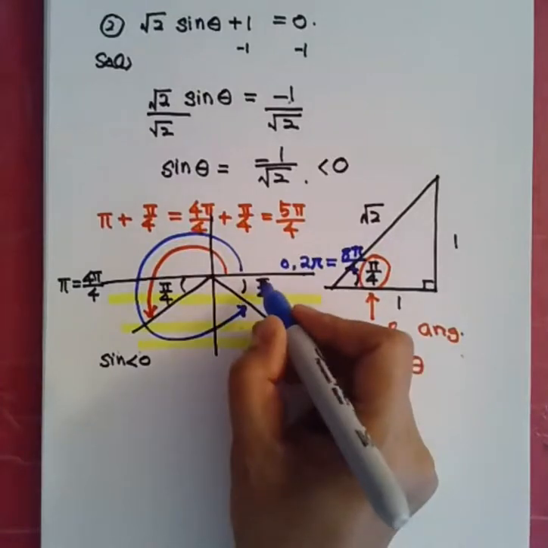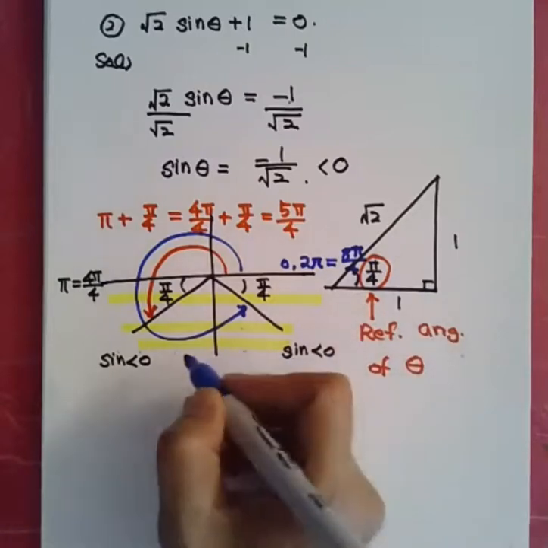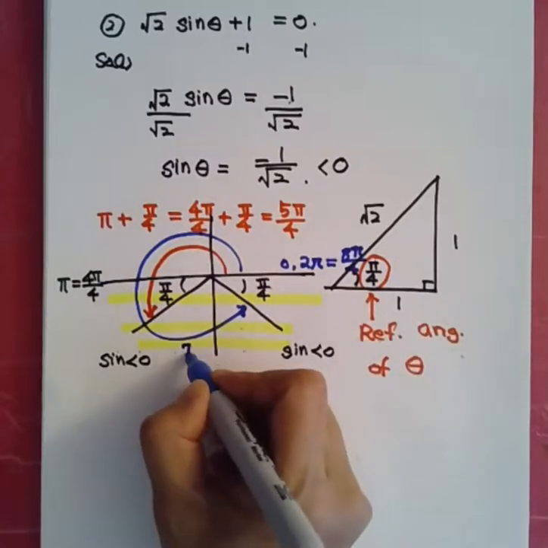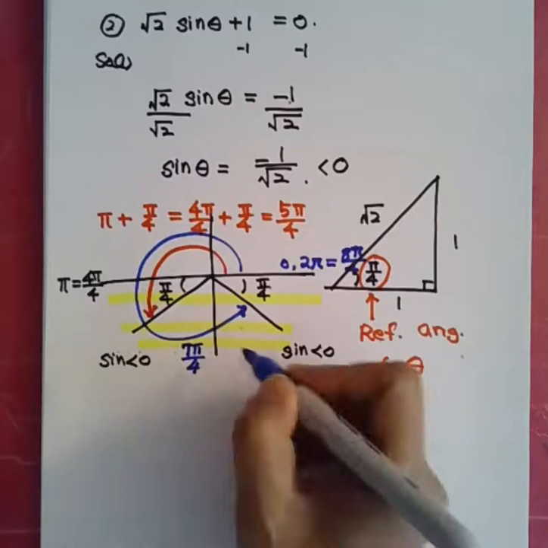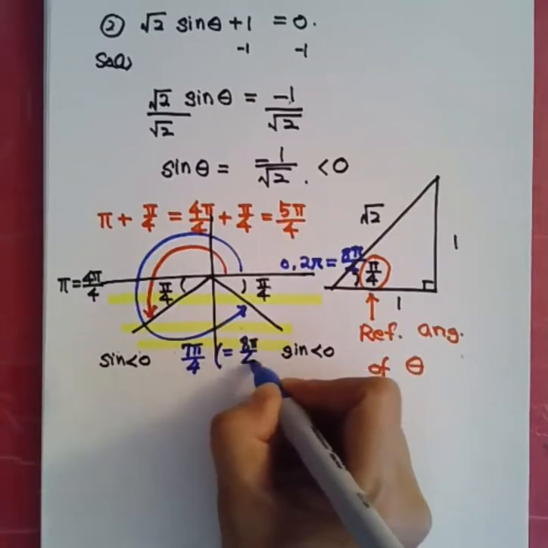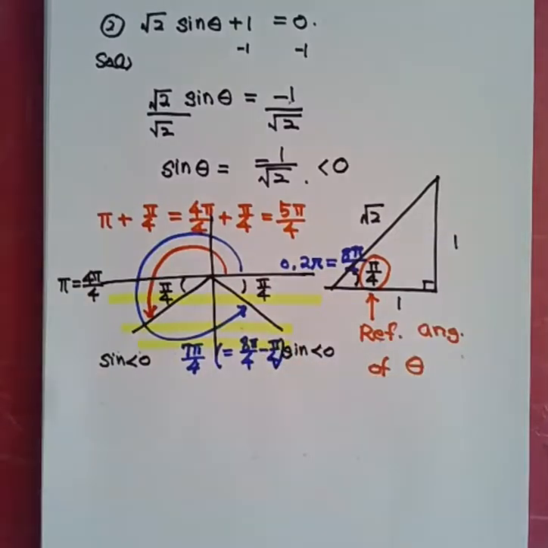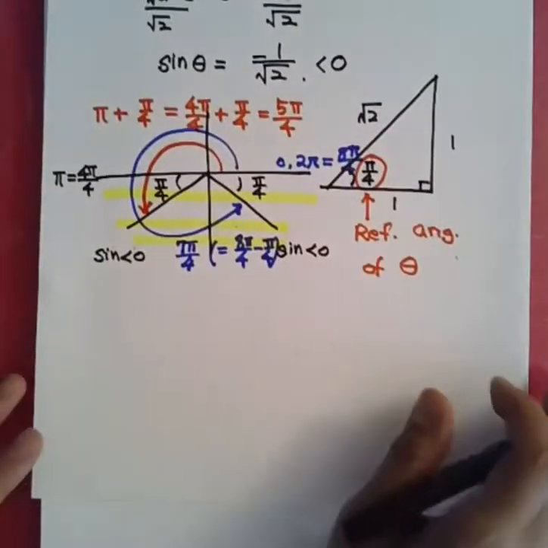That is pi over 4 less than 8 pi over 4. So this one will be 7 pi over 4, coming from 8 pi over 4 minus pi over 4. Now we obtained two answers between 0 and 2 pi.